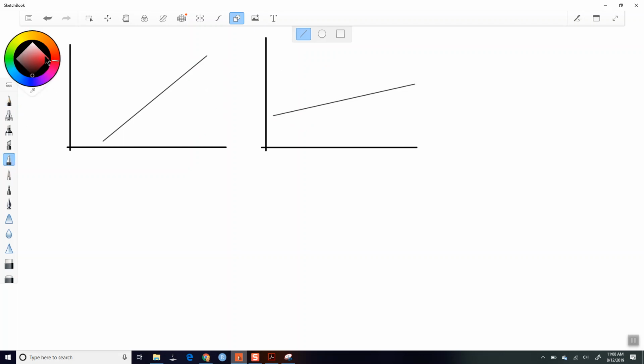Let me just put some dots here. We'll assume that these are on the same scale.